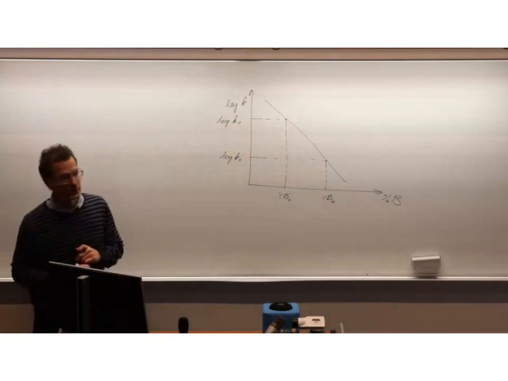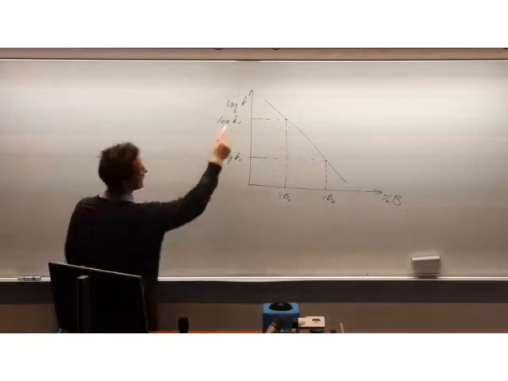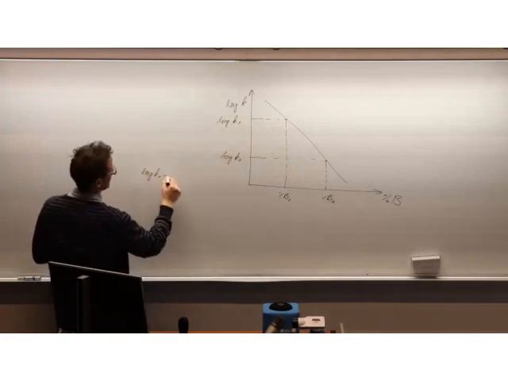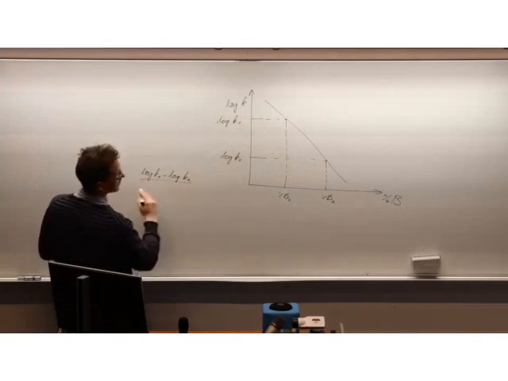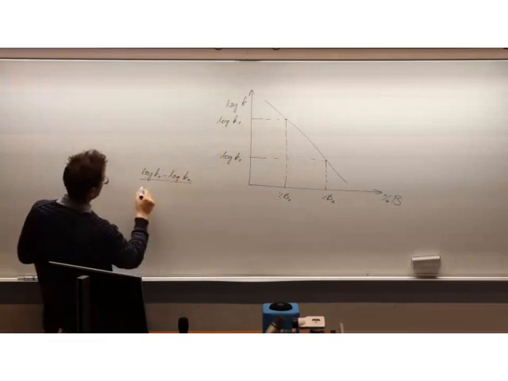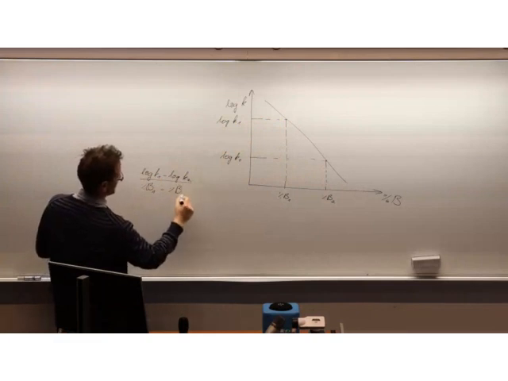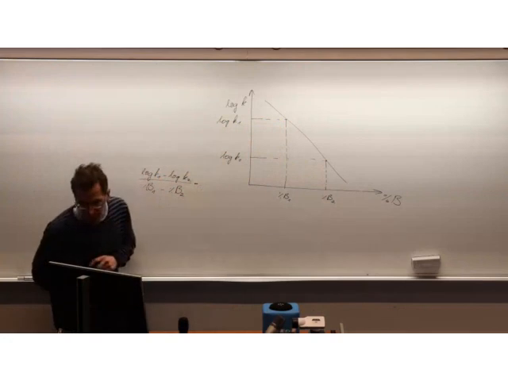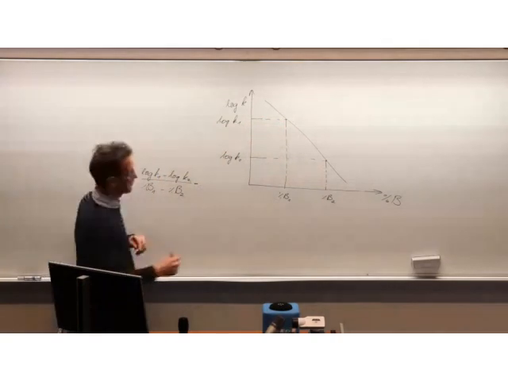So, the question involves slope, then we can see that logarithm k1 minus logarithm k2 divided by percent b1 minus percent b2 equals minus 0.03.